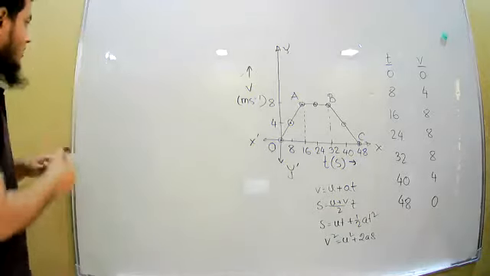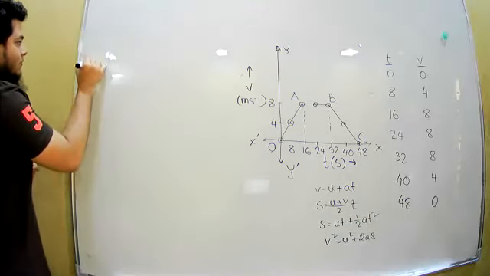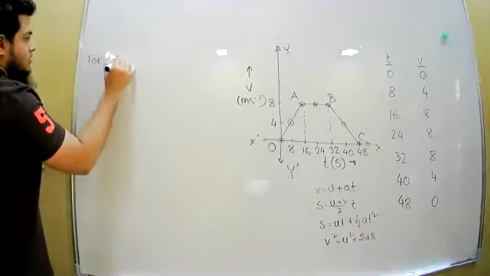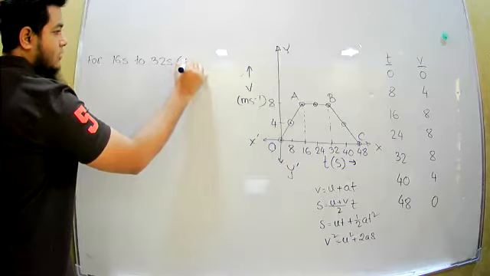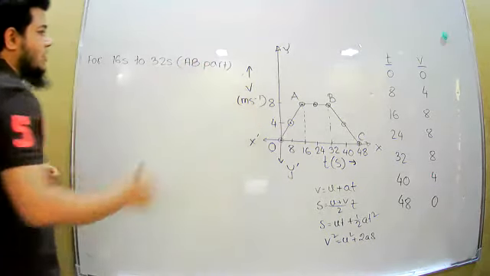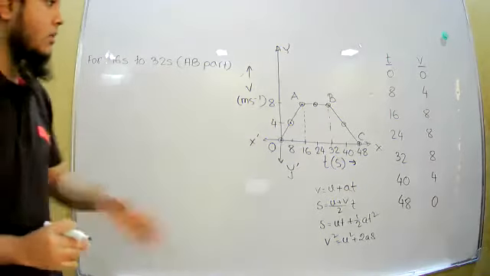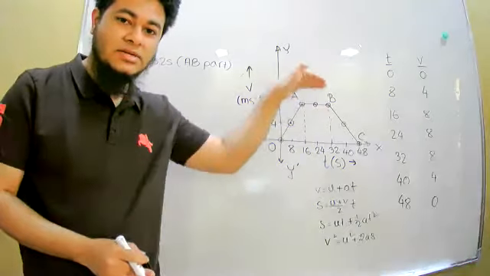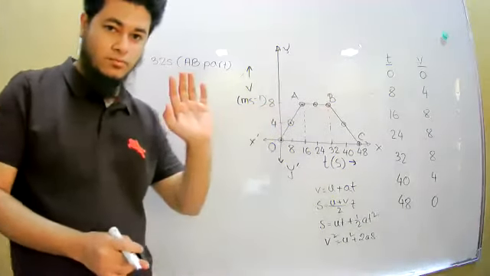Okay, then for AB part, for 16 second to 32 second, that is AB. For AB part, we want to calculate the distance. Now in AB, this part, we can clearly see the velocity is neither increasing nor decreasing, it is uniform, right?